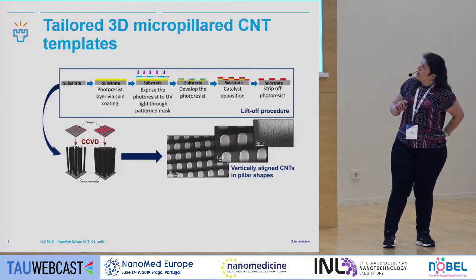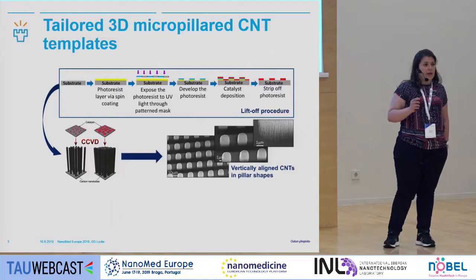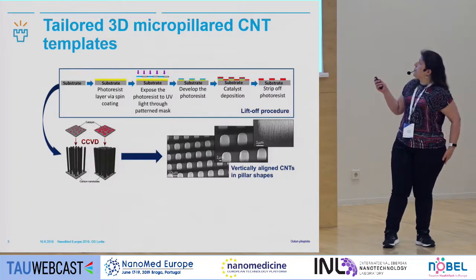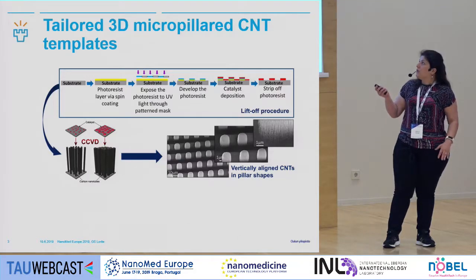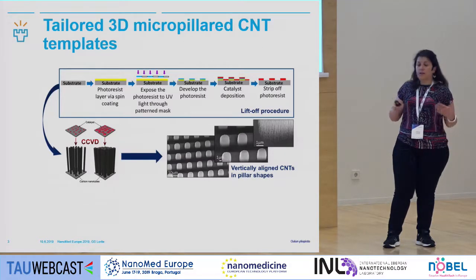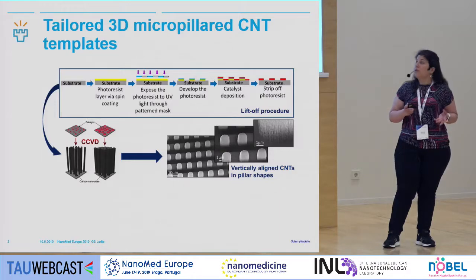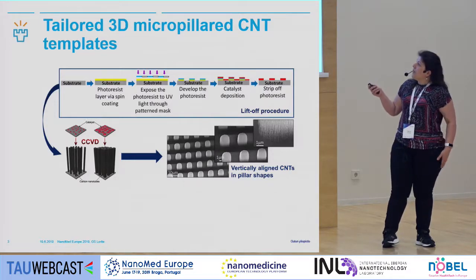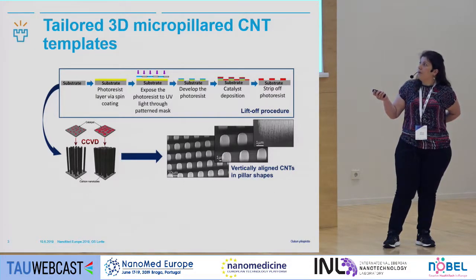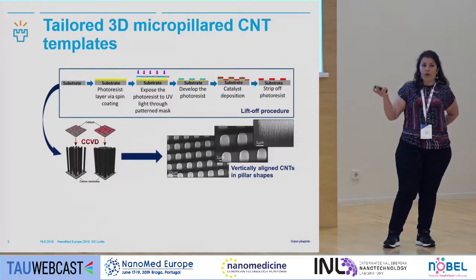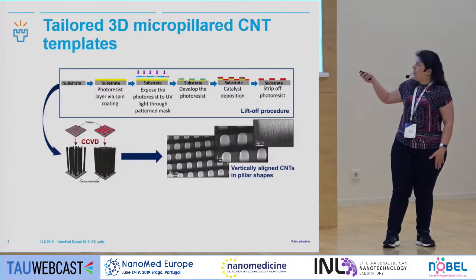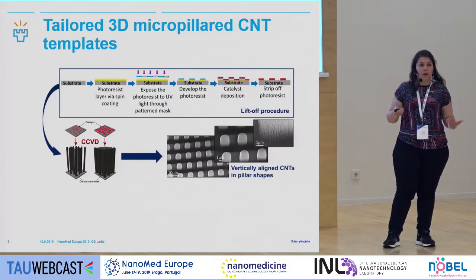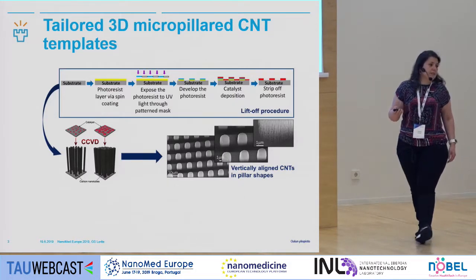In this work, we have been creating templates by using lift-off procedures. Basically, you take a substrate, and you make a mask with the pattern you want. After that, you use catalyst chemical vapor deposition to grow the carbon nanotubes on the templates. As a result, you have these pillars that come out from the surface.